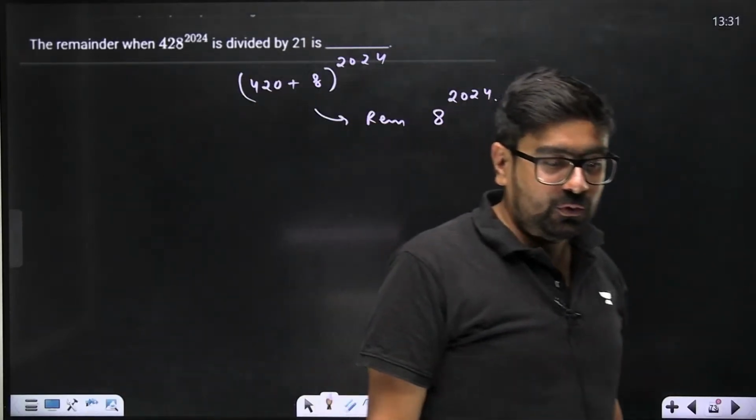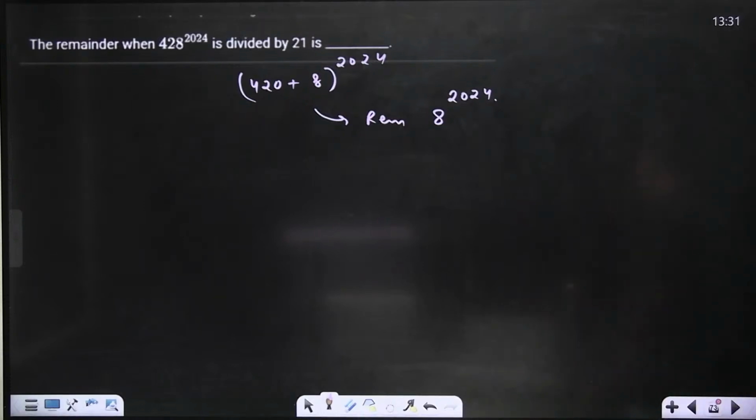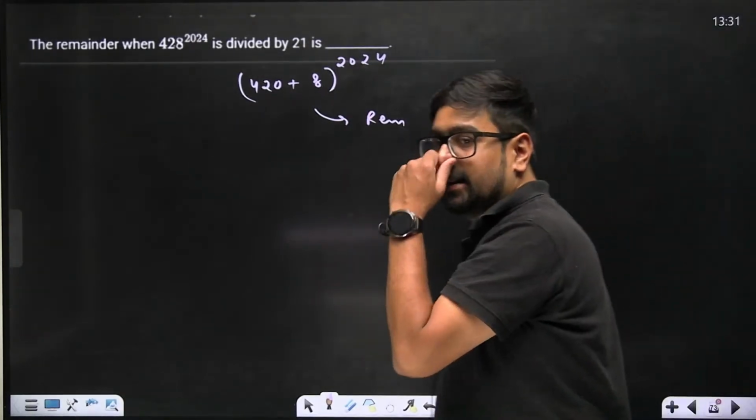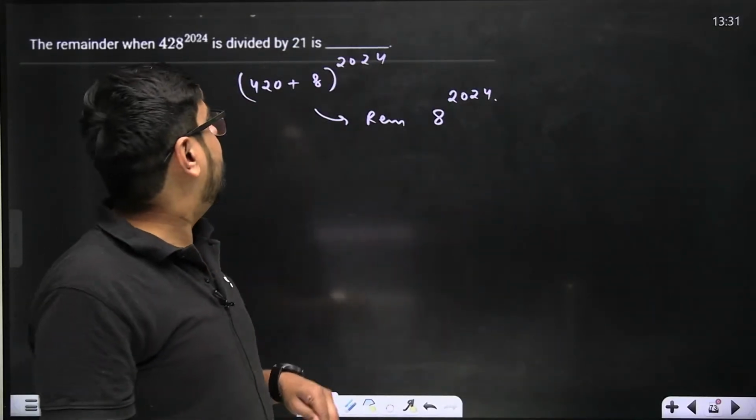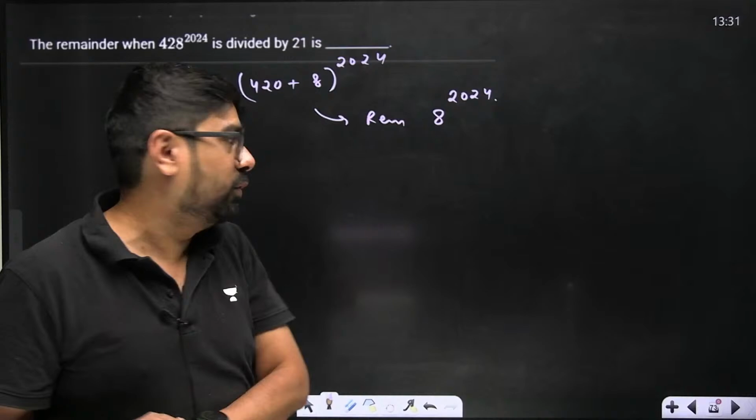And 8 to the power 2024, correct? Check once. Any problem? Now, some power of 8 which is near the multiple of 21. Which power? 8 squared is 64. 21 into 3 will be 63. Very good. Nice.